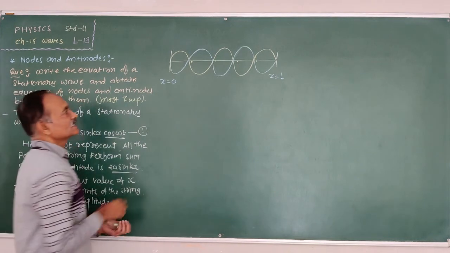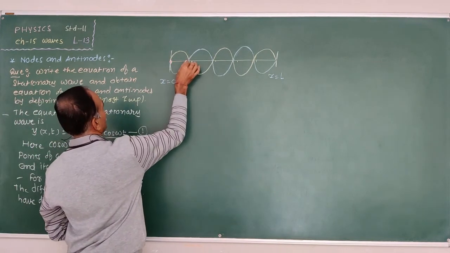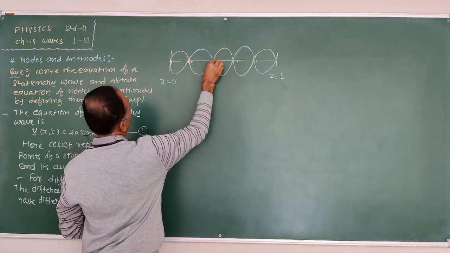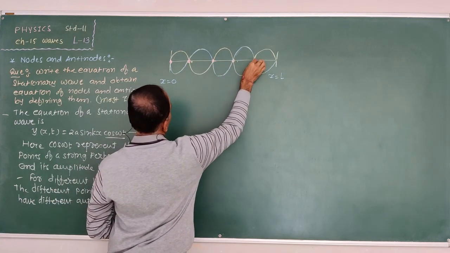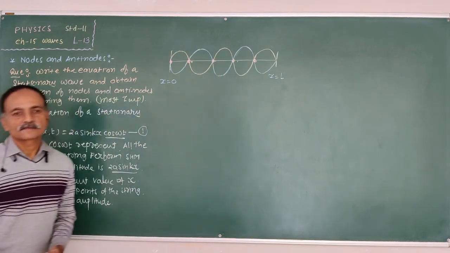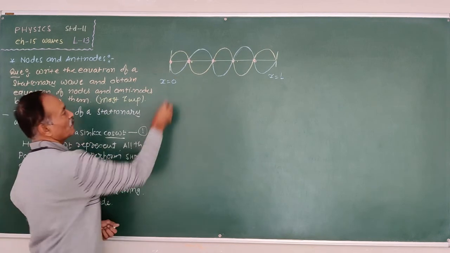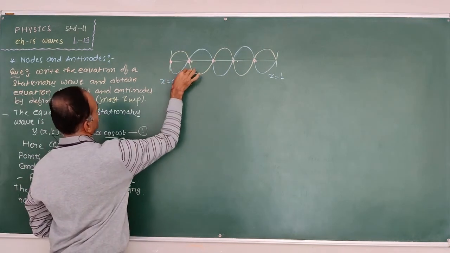The points at which the amplitude is 0 are known as the node points.